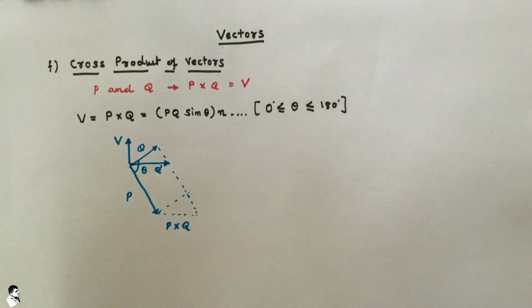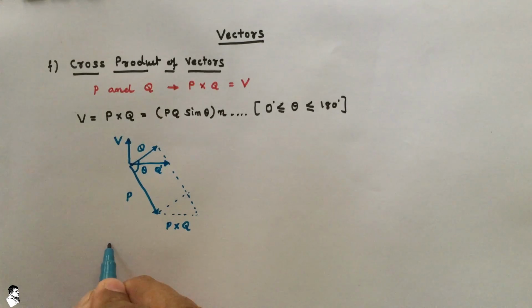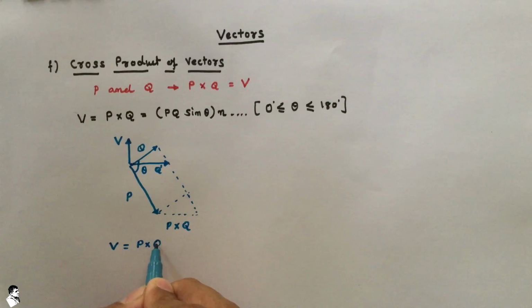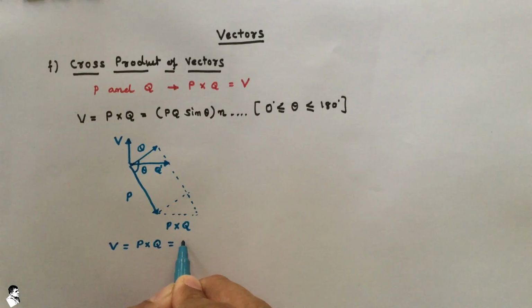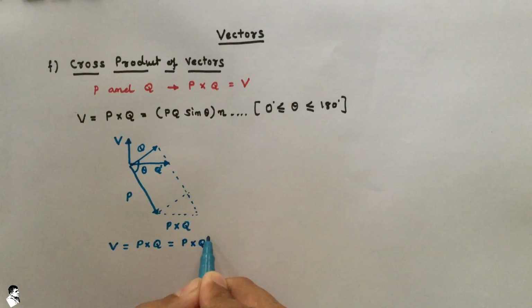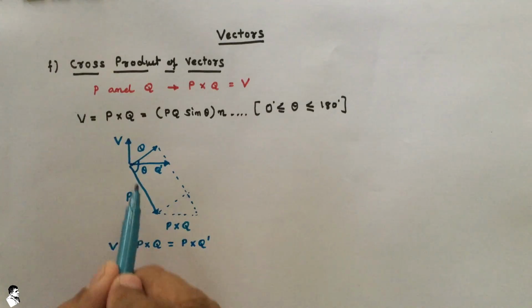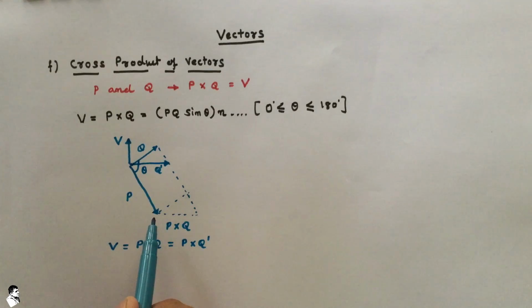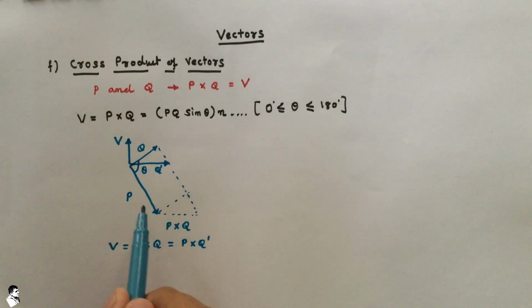So we can write down that vector V is nothing but P cross Q, which equals P cross Q dash. So P cross Q is the area of this parallelogram.